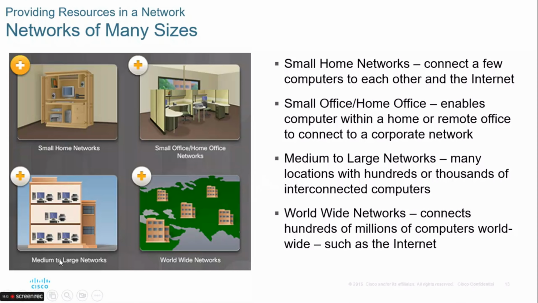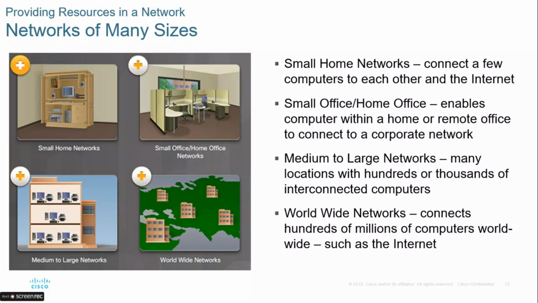Then the third, we've got medium to large networks. These are now, you may find them in campus areas, universities, big institutions, many locations with hundreds or thousands of interconnected computers. So this, for example, like a bank having a headquarters maybe in South Africa and some branches maybe in Egypt, Sudan, maybe Kenya.